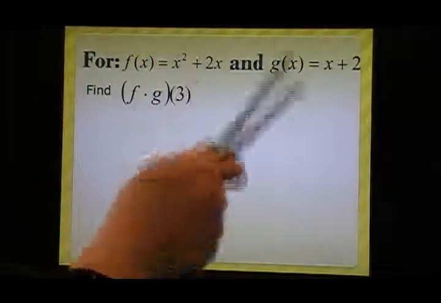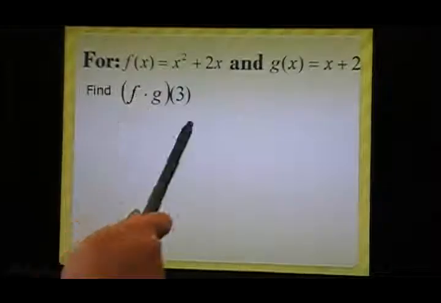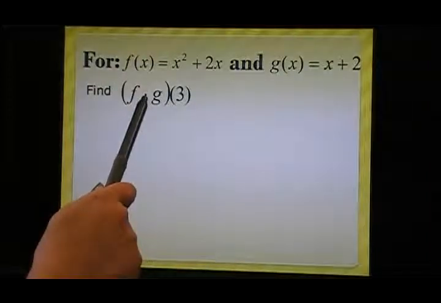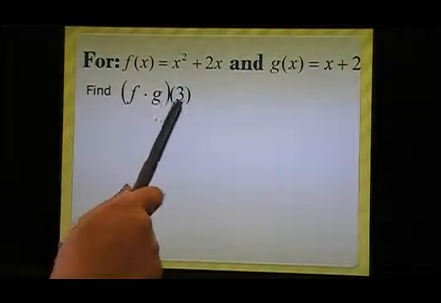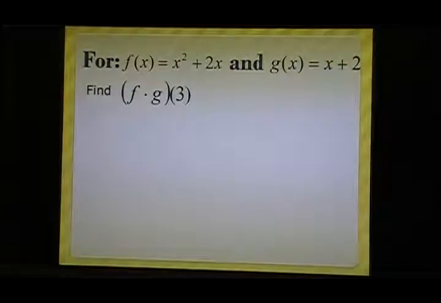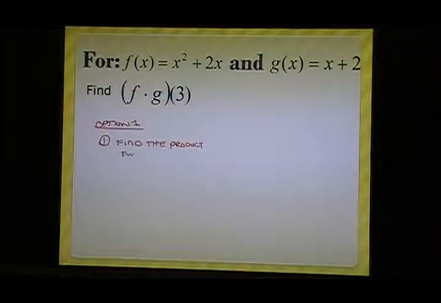So again, same f and g. We want to find the product, so that's f times g of 3. Again, you have your options. You can first, if you want, find the product function, which is f times g of x.